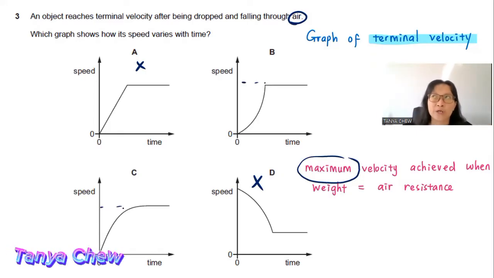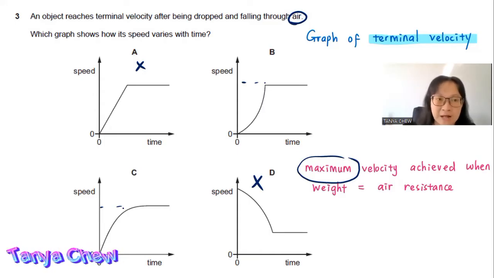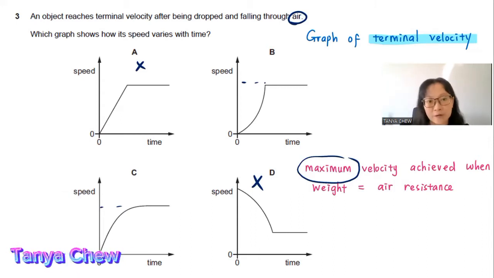And the other point that you should remember for terminal velocity is that even though the speed is increasing to a maximum value, the acceleration of the object is decreasing. So from a speed time graph, we can definitely find acceleration, no, by the gradient of the graph. Since both B and C give you a curve graph, I would draw a tangent to my curve.